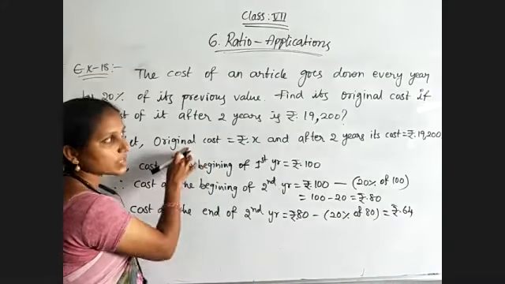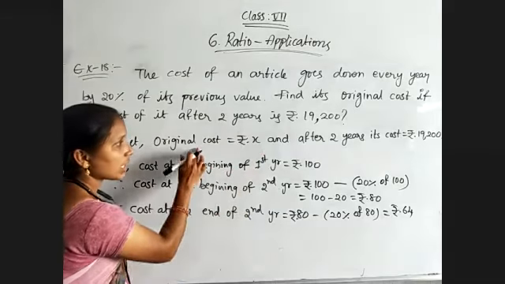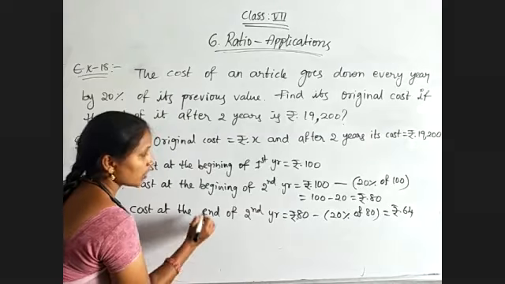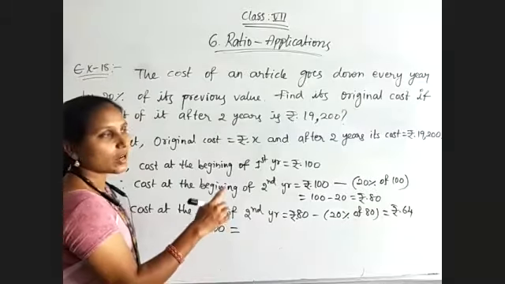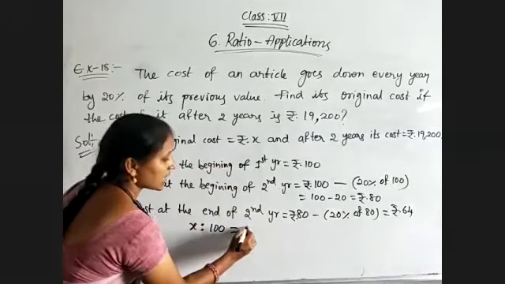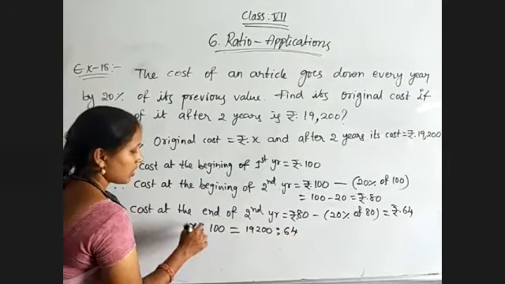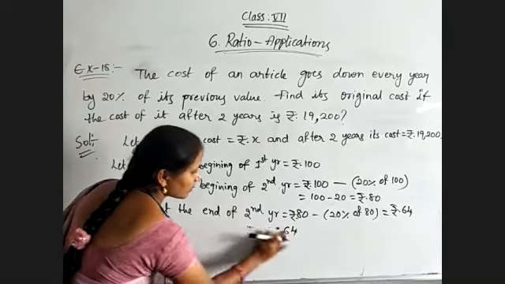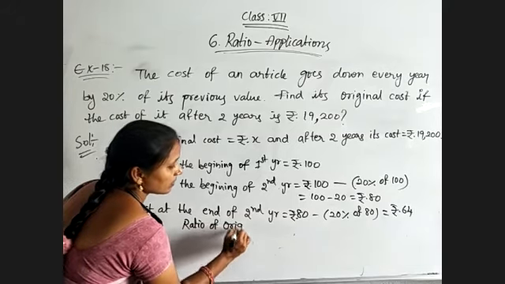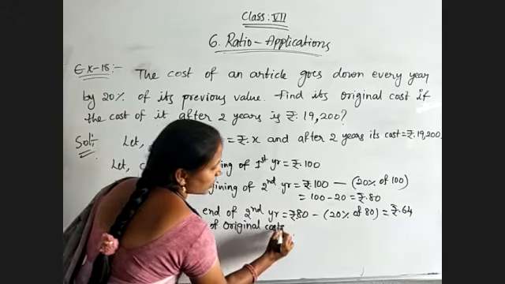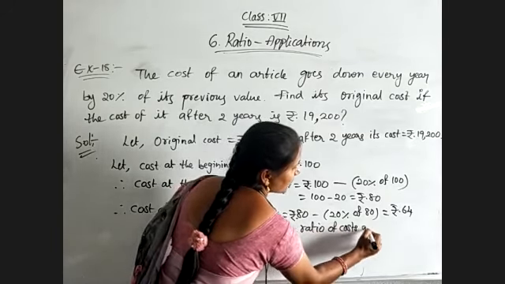And for X rupees, we get 19,200 rupees. So by using proportion, we will compare. The ratio of original costs is equal to the ratio of costs after 2 years.